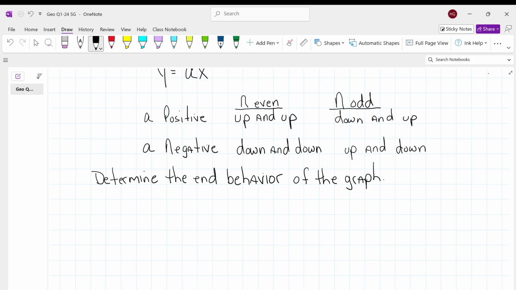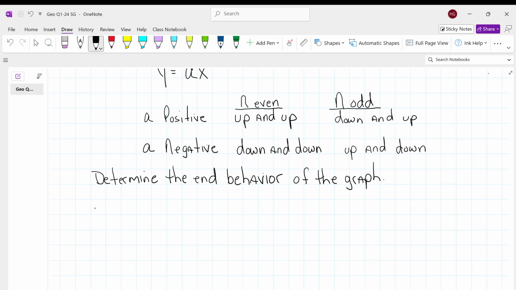You're going to be given the graph or the equation in all different formats. The key is that you identify the leading coefficient. The leading coefficient is the term to the highest degree, or the term to the highest exponent.